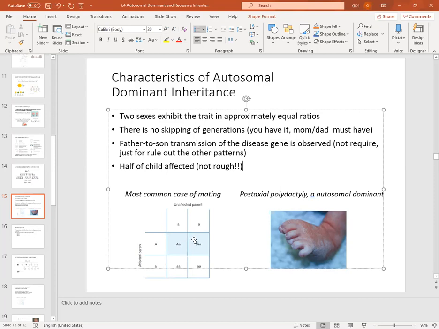The most common scenario is a normal parent mating with an affected parent, and you can see this ratio: 50% will be affected with the disease, and 50% will be safe from the disease.